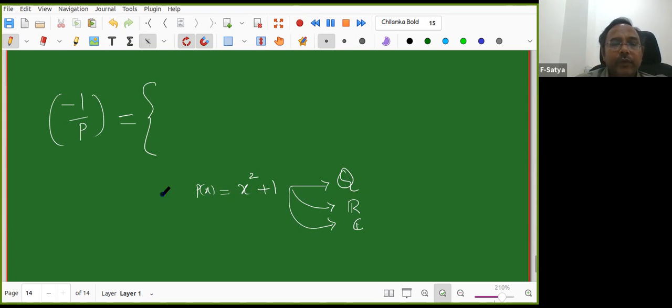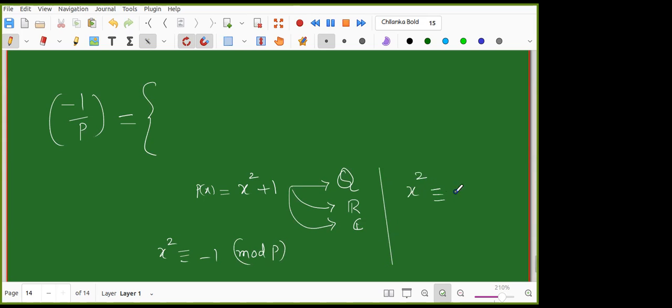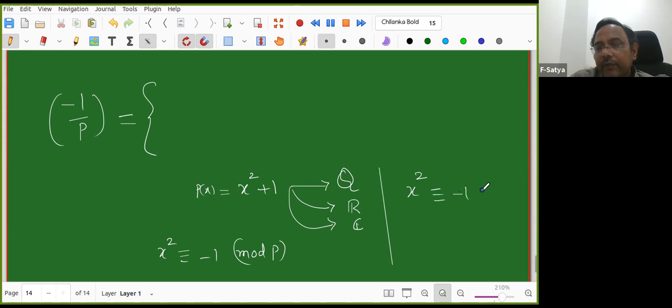So in certain fields it has a solution, in certain fields it does not. Similarly, I now want to look at x square congruent to -1 modulo p. Where does it have a solution, and where does it not? Let us work it out. x square congruent to -1 modulo 5. Does it have a solution?